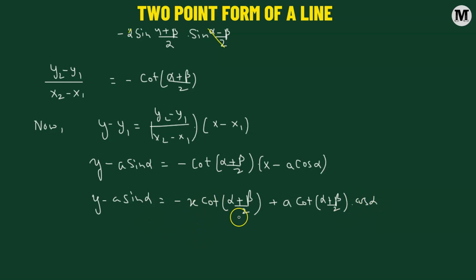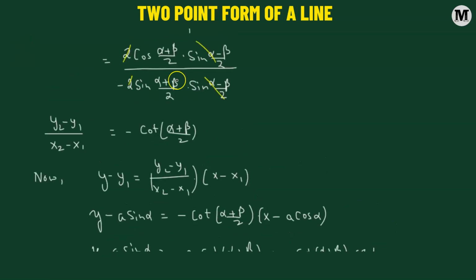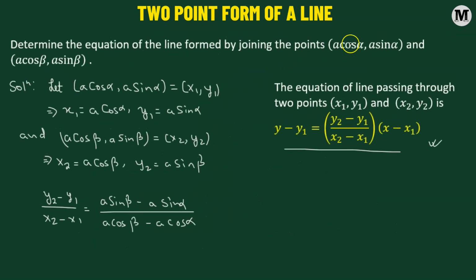Now we transpose these two terms to the left hand side, and this gives us x times cotangent of alpha plus beta over 2 plus y, minus a times sine alpha plus cotangent of alpha plus beta over 2 times cosine alpha, equals 0. So this is the required equation of the line formed by joining the 2 points, a cosine alpha comma a sine alpha and a cosine beta comma a sine beta.